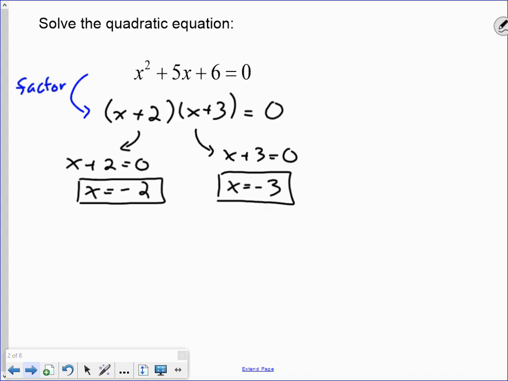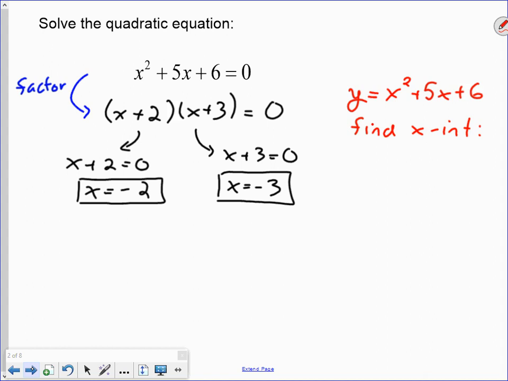And working from this, we know that if instead of having that quadratic equation, we had the quadratic function or the quadratic relation y equals x squared plus 5x plus 6, and we were asked to find the x-intercepts, we would do the exact same thing. We would factor it. We would set each of the factors equal to 0.